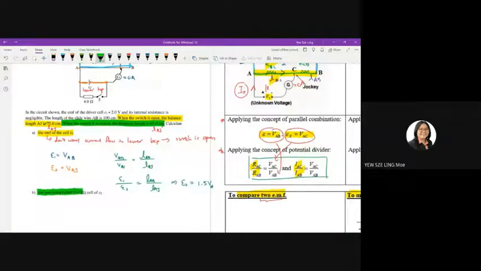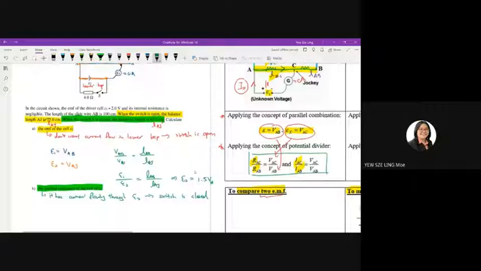When you talk about the internal resistance of EMF2, it means there is now current flowing through EMF2. So for question B, the switch is closed.